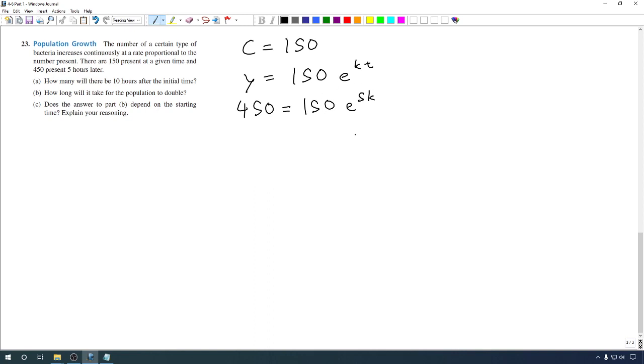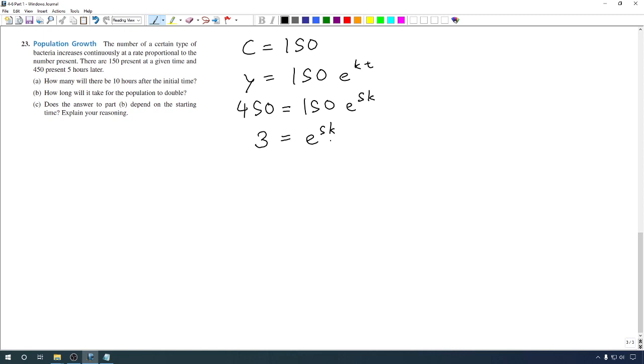So remember, the first step of solving an exponential equation like this is to solve for the exponential itself. Solve for this e to the 5k. Basically, I get to divide both sides by 150. Which is kind of easy because the 450 actually is divisible by 150.